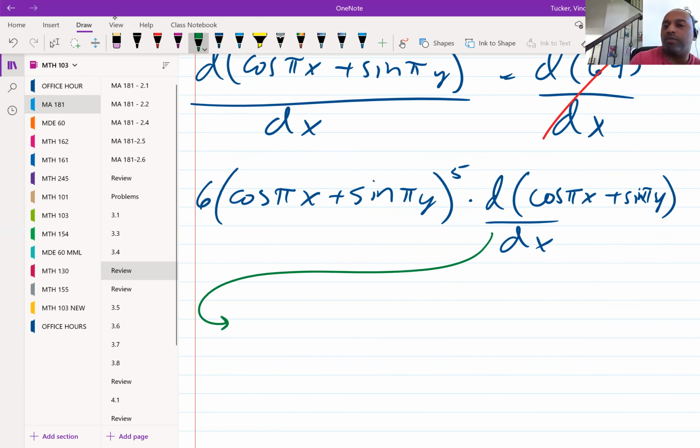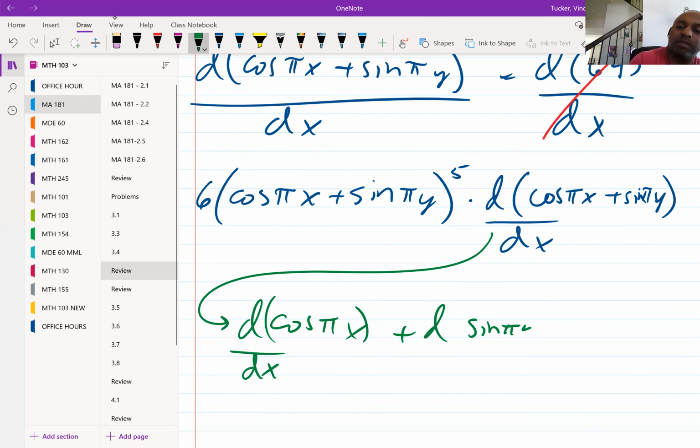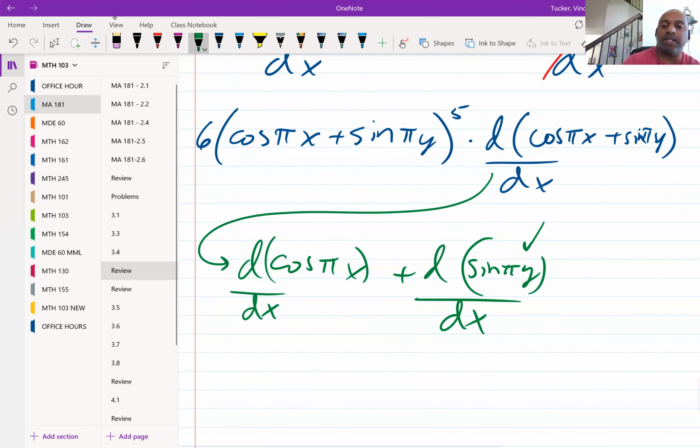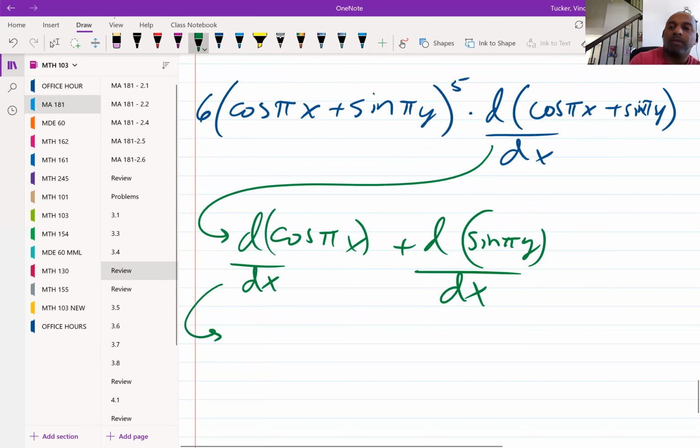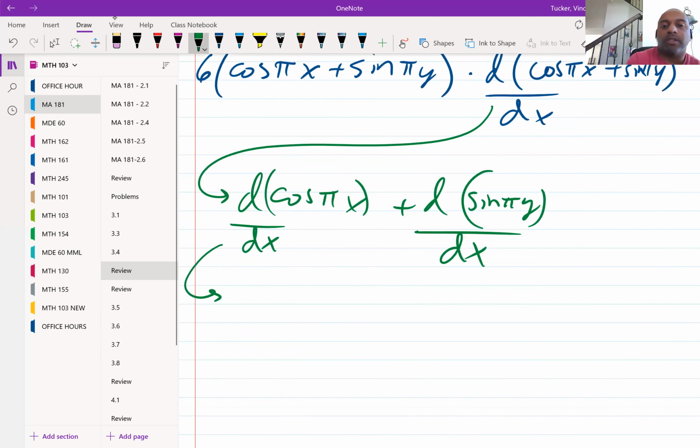Now taking the derivative of each one of those pieces, since there's a plus sign in between, we can take the derivative of each one of them individually. So cosine pi x, and the derivative of sine pi y. And this is going to produce our dy/dx because we have a y in here. So the derivative of cosine is negative sine, but we also have to consider the pi.